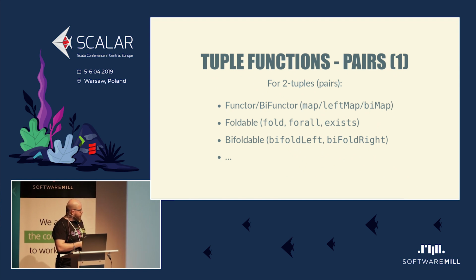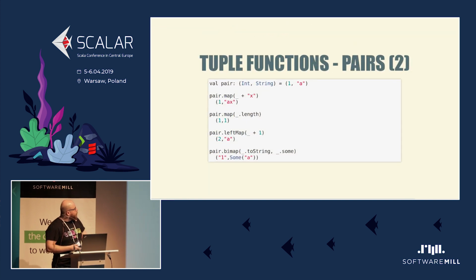So as you can see, some of those methods have a direction, and I'm going to just show you why that's the case. Let's say we have a very simple pair here, right? Of an int and a string, and we call map here.